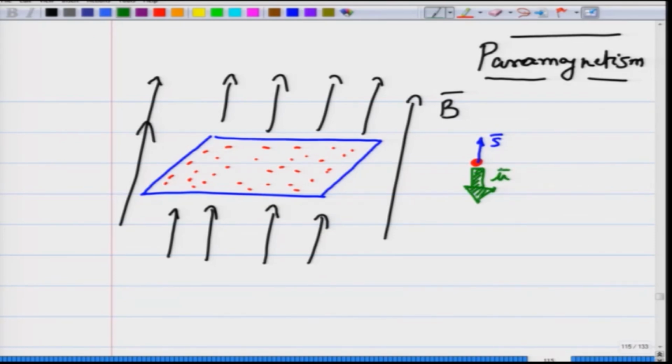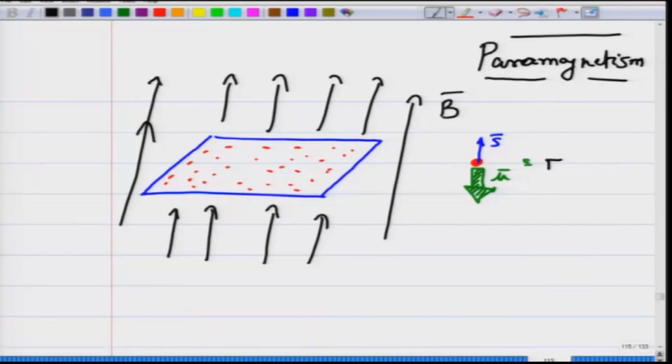So, each electron not only has a spin associated with it, it also has a magnetic moment. Each electron you can think of like a small bar magnet, which has a north pole and a south pole.